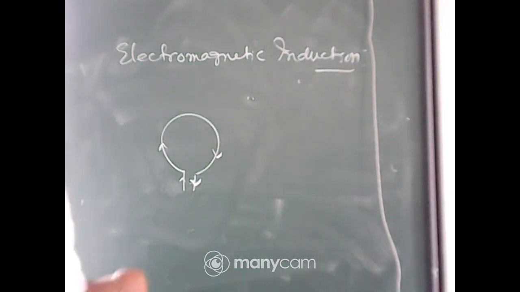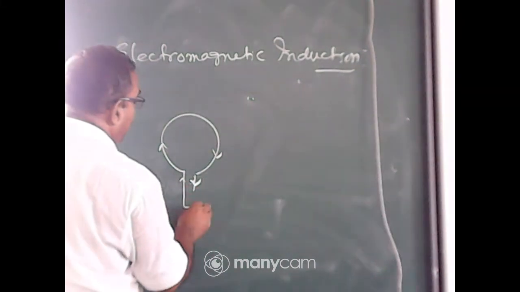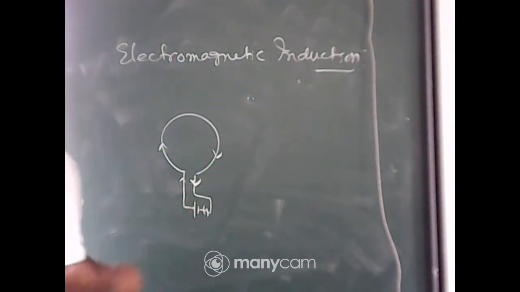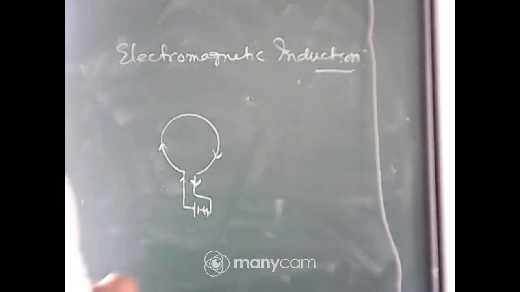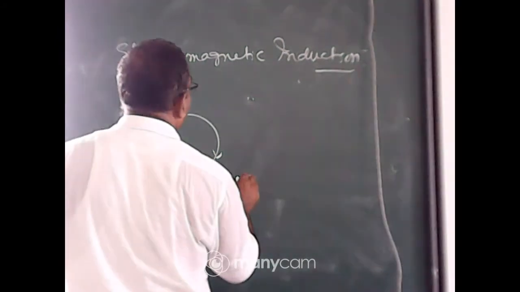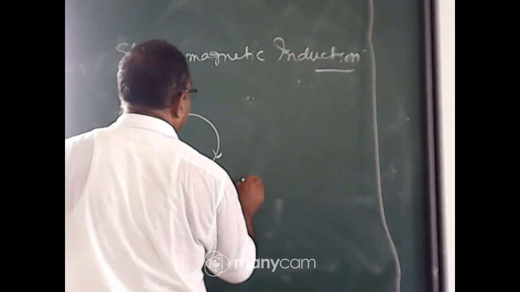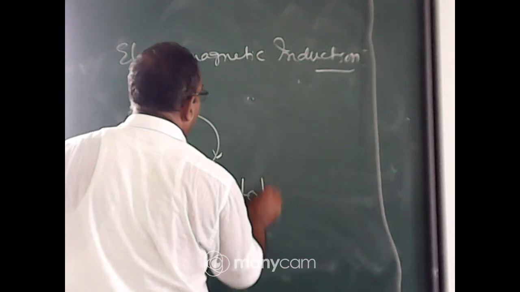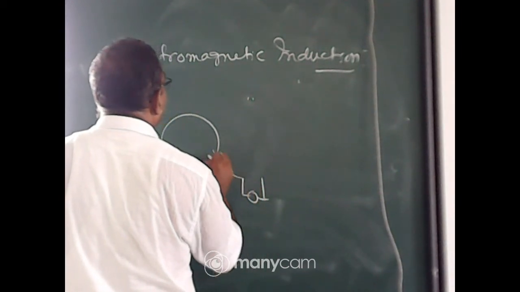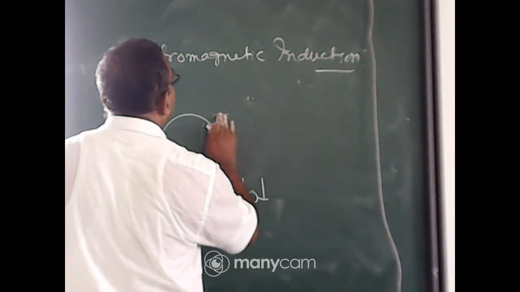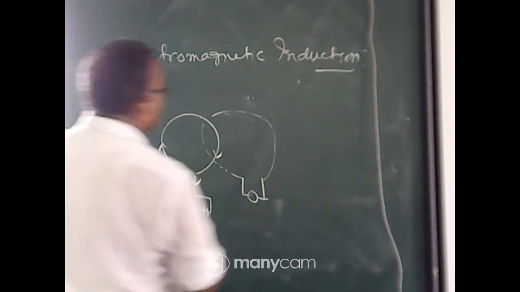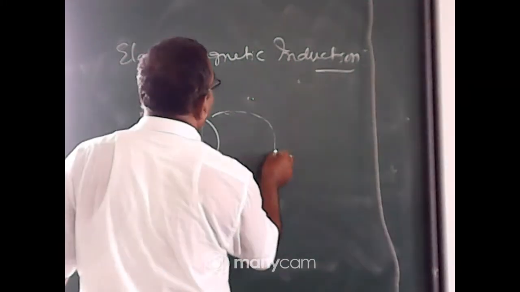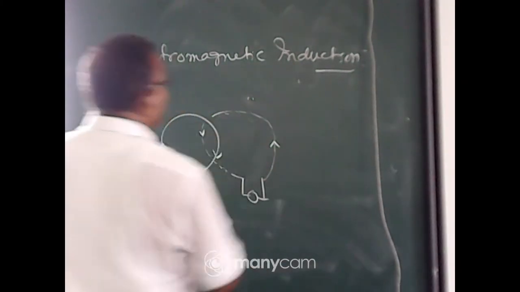if the direction of the current is this, if you consider it, the direction of the current is this. If you put a coil just nearer to the coil, you see it, the direction of the current will be opposite.